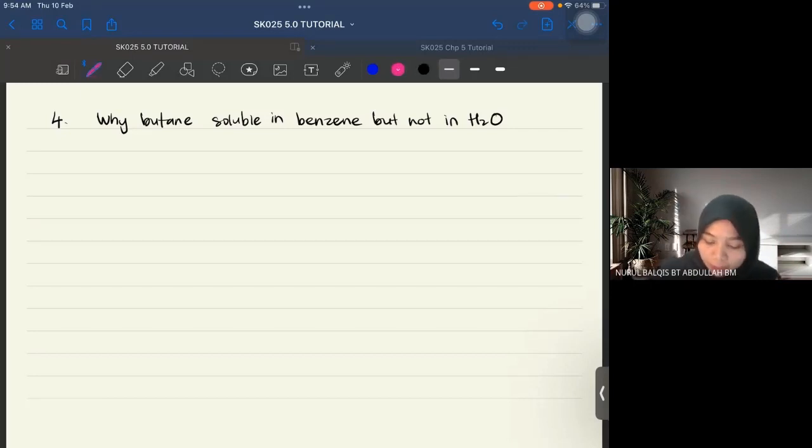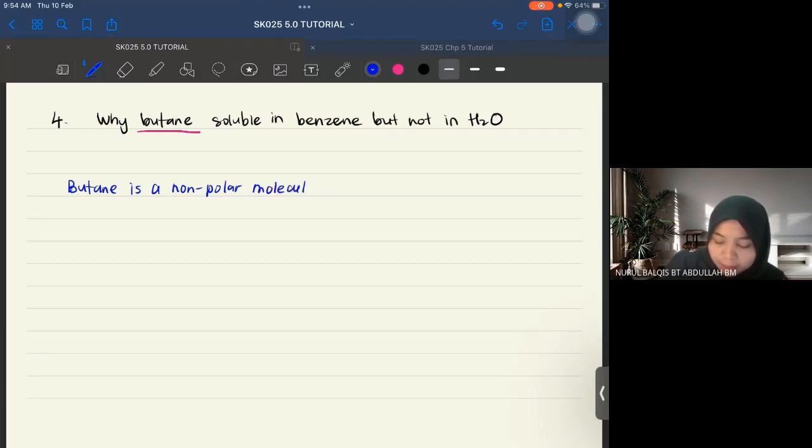Now look at your butane. Your butane now, it is a polar or non-polar molecule? Non-polar. Okay, butane is a non-polar molecule. So by right, when you have non-polar molecule, what kind of intermolecular forces apa je yang boleh kita buat kalau dalam non-polar molecule?